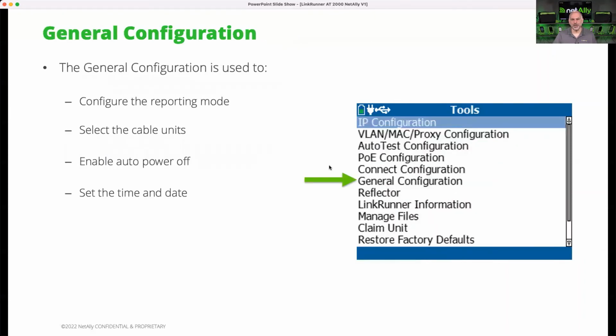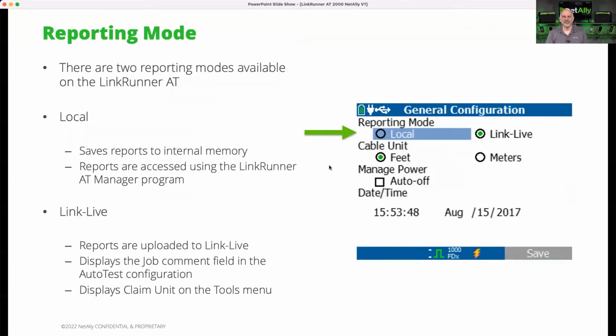General configuration. Here's where we can do things like set our reporting mode. If our reporting mode is set to local, our test results are saved on the LinkRunner AT. We're going to need to connect it to our PC using a USB cable to get those results off, and we would run the LinkRunner AT Manager software on our PC.